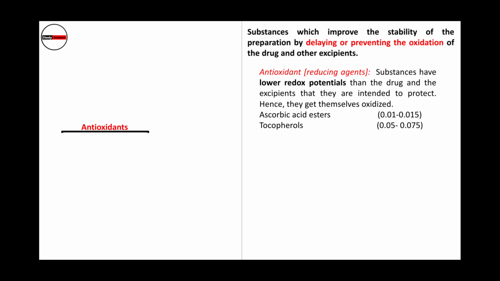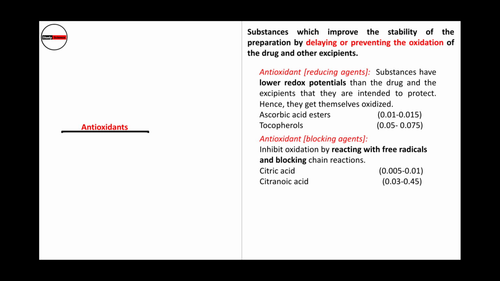Examples are ascorbic acid esters, concentration used 0.01 to 0.015%, and tocopherols, concentration used is 0.05 to 0.075%. The other category of antioxidant is blocking agents, which inhibit oxidation by reacting with the free radicals and blocking the chain reaction.